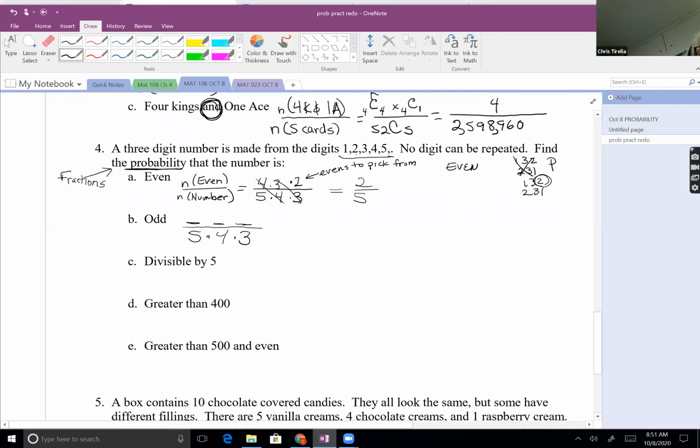And how many odd numbers do I have to pick from? 3. After I use up one of the odd numbers, I still have 4 digits left, and then 3. And so when I reduce, this gives me 3 out of 5.